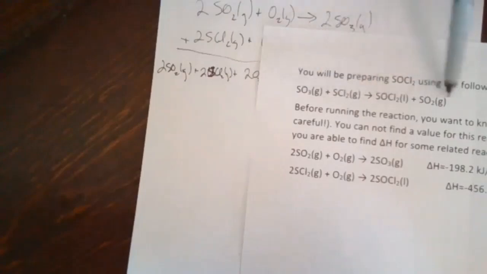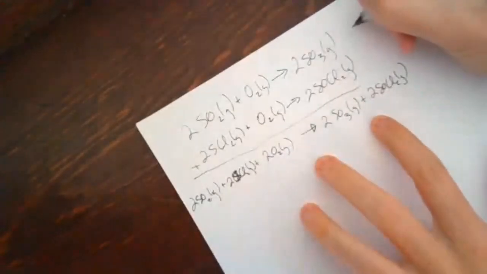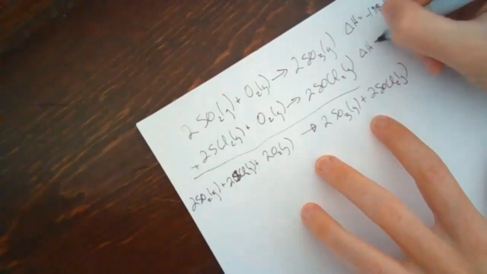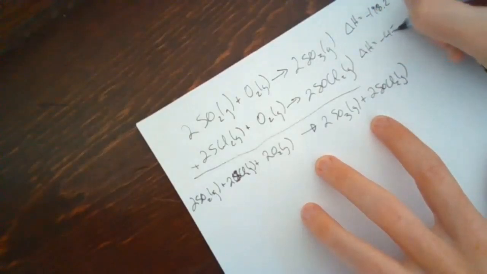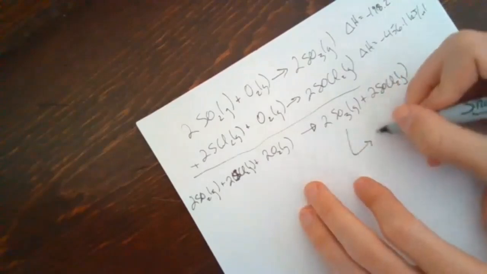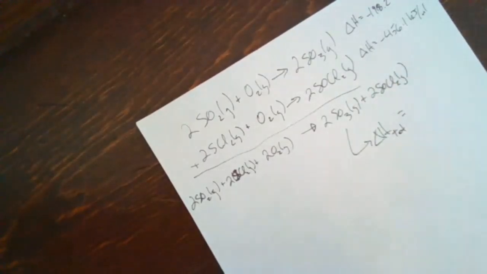I don't care though, because this is what we want. This is the reaction we actually want. This reaction, you can figure out its delta H. We know the delta H of this one is negative 198.2 kilojoules per mole. The delta H for this reference is negative 456.1 kilojoules per mole. So your delta H for that total reaction is going to sum up.